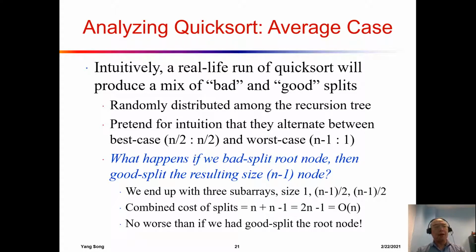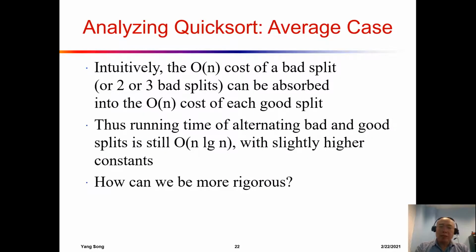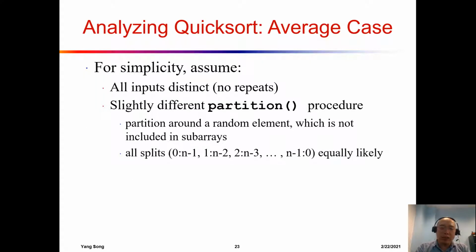For the formal proof of the average case, we know we are going to have a mix of bad partitions and good partitions. What is bad and what is good? Remember, for all the possible splits, when we have n values, the partition could go anywhere from 0 versus n minus 1 to n minus 1 versus 0.